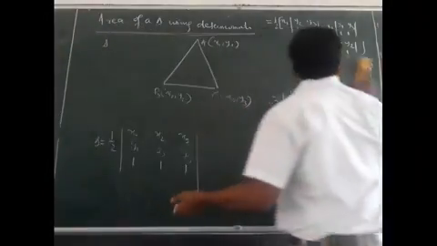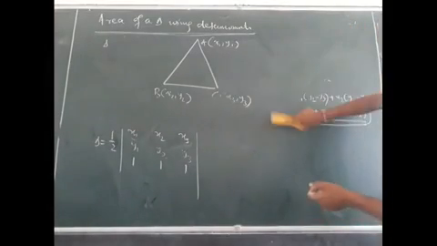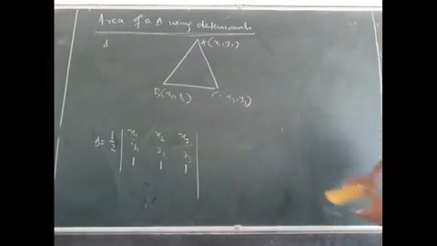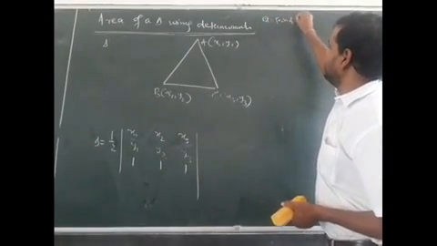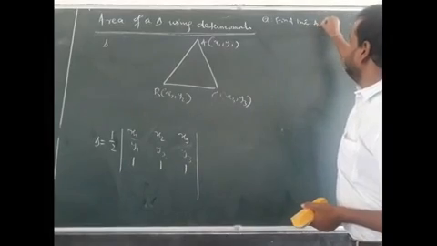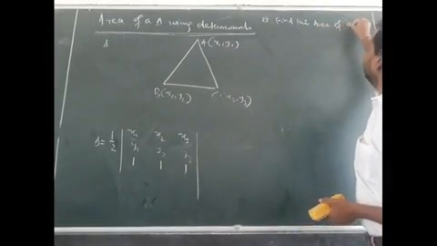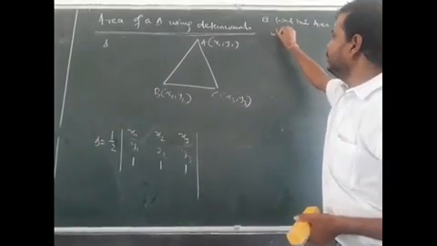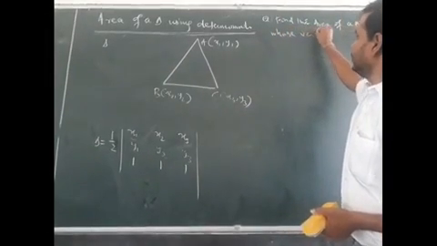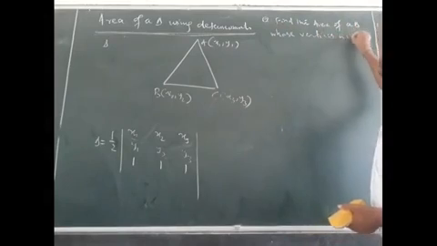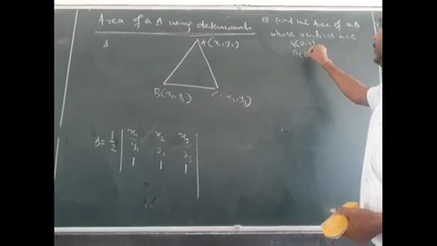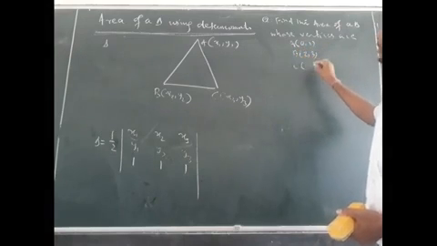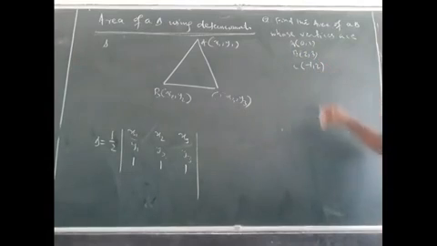Let me take an example for this. So, if I solve a question: find the area of a triangle whose vertices are, suppose A is 0, 1, B is 2, 3 and C is minus 1 and 2.